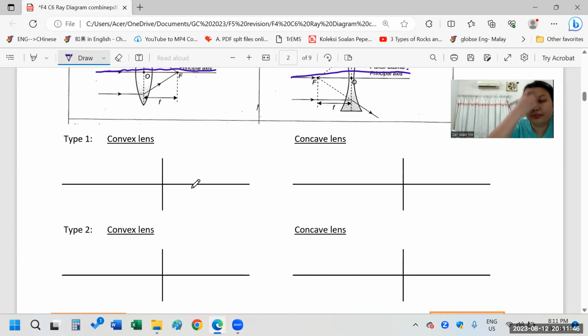So now normally how we draw the convex lens, we draw like this from one edge to another edge. How do we draw concave lens? Normally we draw a horizontal line first, then we make the curve inside.